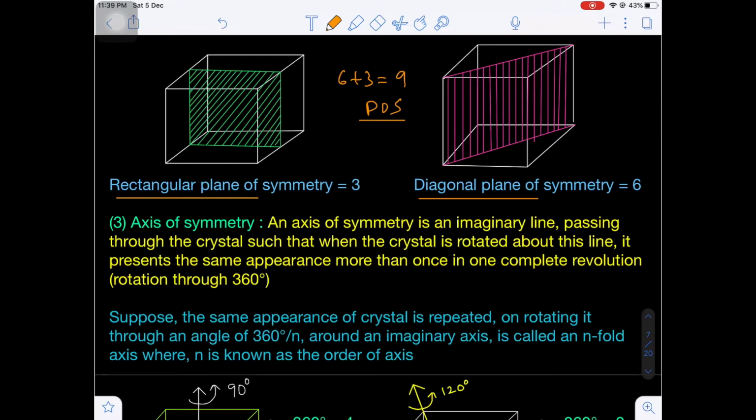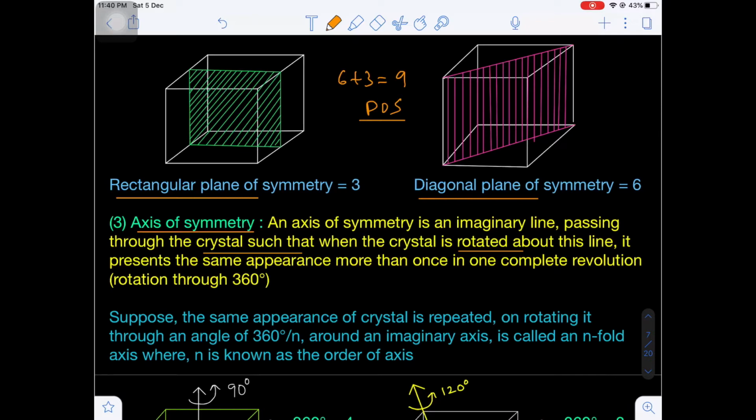Now come to the third symmetry element, the axis of symmetry. It is an imaginary axis. An axis of symmetry is an imaginary line passing through the center of the crystal, through which, if the crystal is rotated, more than one time the crystal structure will reappear. If the structure reappears more than one time, then such an imaginary axis is known as an axis of symmetry.